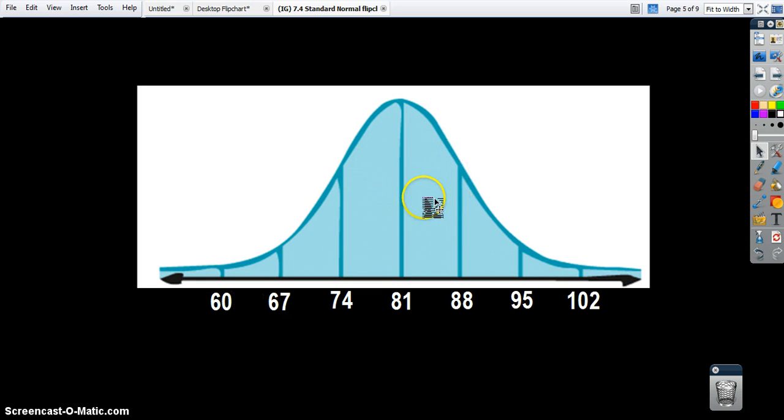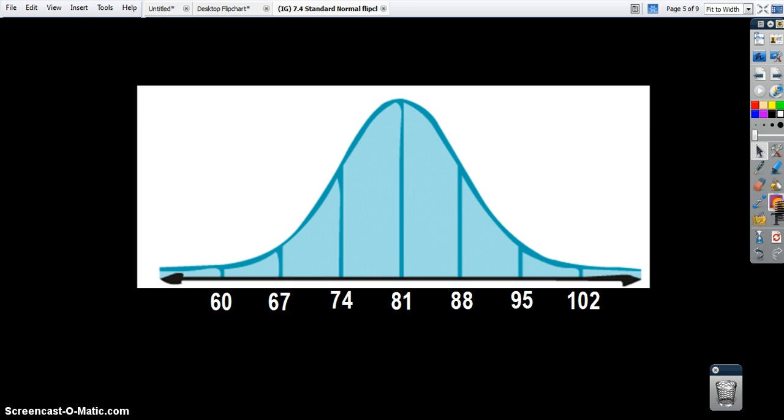So we already know the percentages. And again, this is really handy if I want to answer questions like, this was scores on a test, so what percent of students scored below an 88?